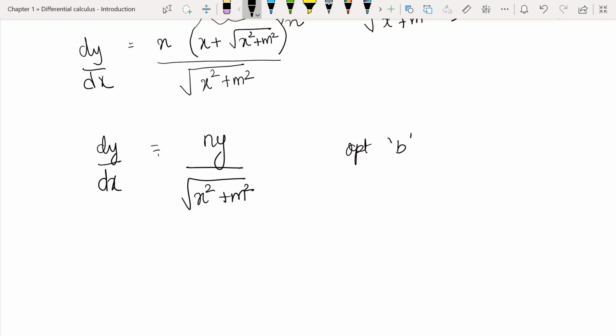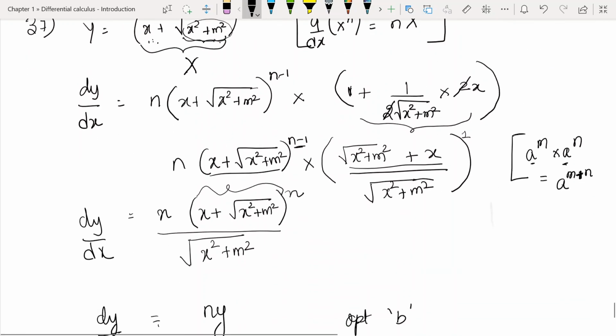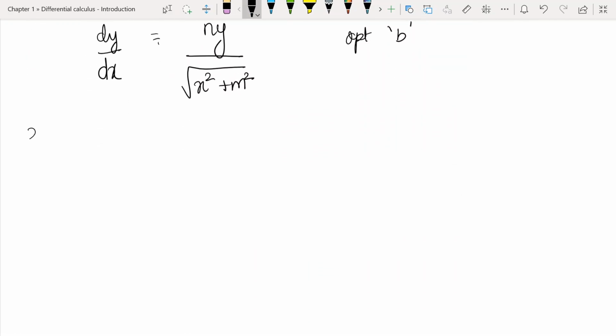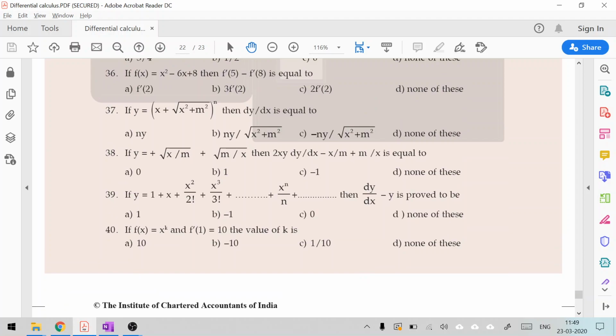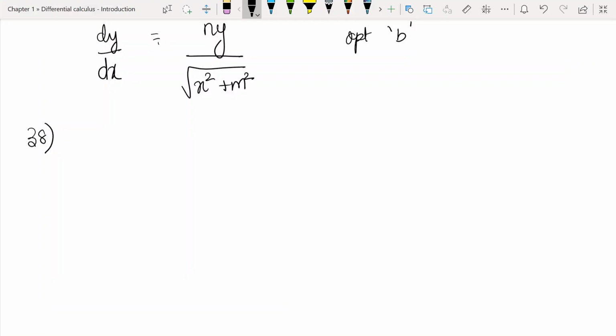Okay students, let us go to the next question. Questions 36 and 37 we have done, so next is 38. Let us look at question number 38. Yes, this is the question. Y is equal to, let me write it down, y is equal to root of x by m plus root of m by x.